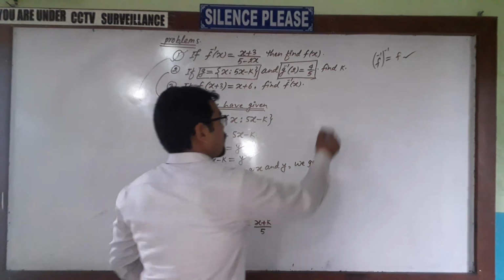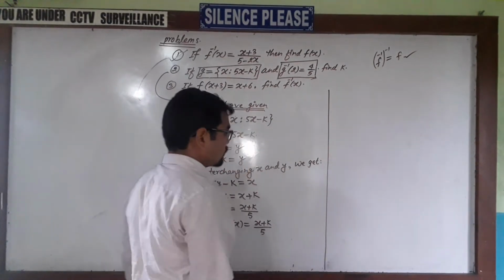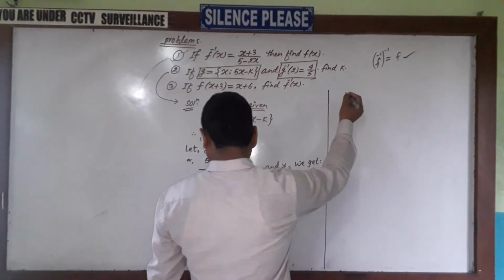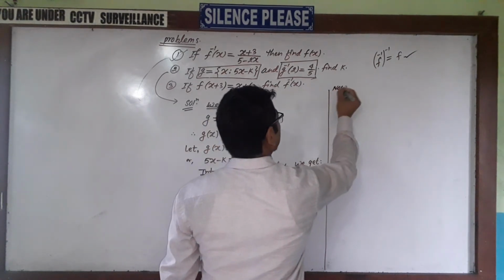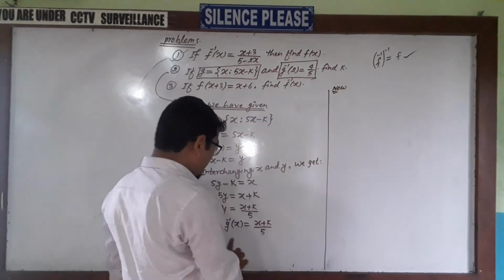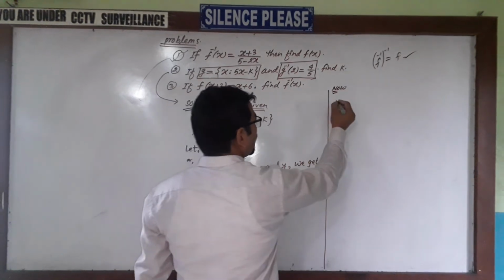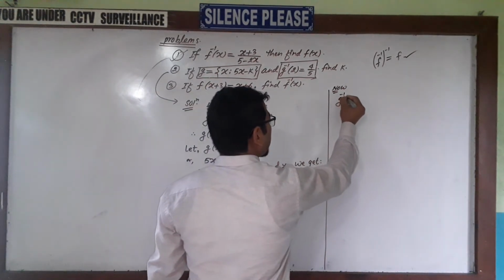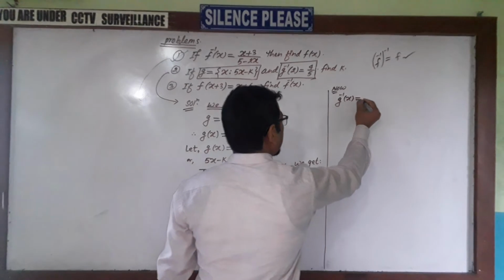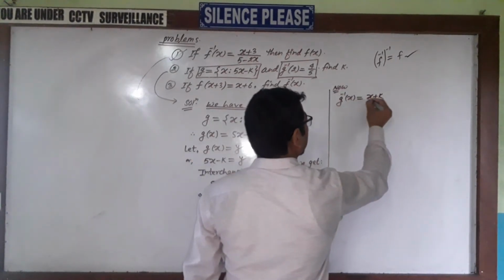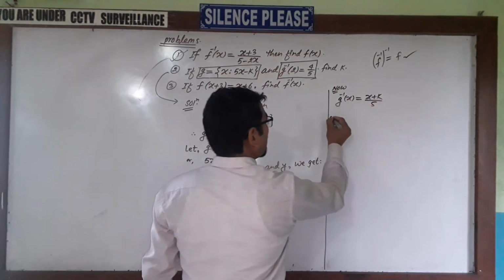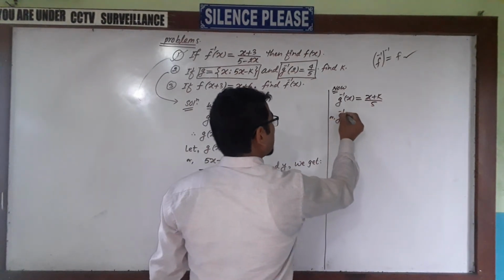Now putting x equal to 2 in g inverse x, we have got already that g inverse x is (x + k)/5.